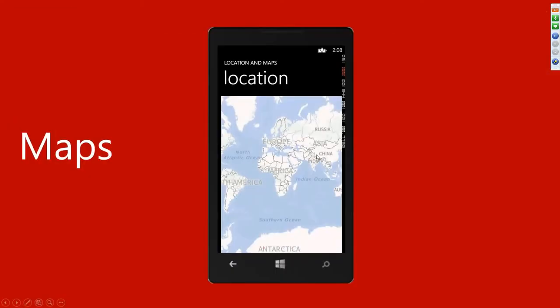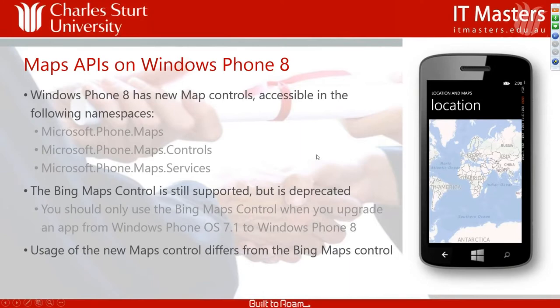So we'll move straight across to maps. I mentioned before that the Bing Maps control will continue to work for applications that are being upgraded from Windows Phone 7, but also for new applications being written against the Windows Phone 7 APIs.